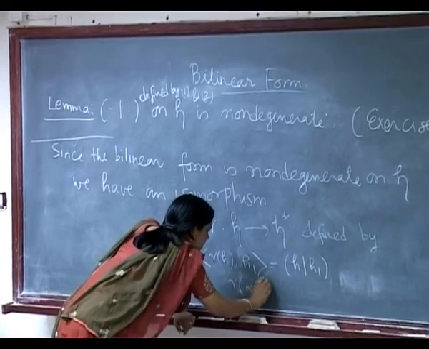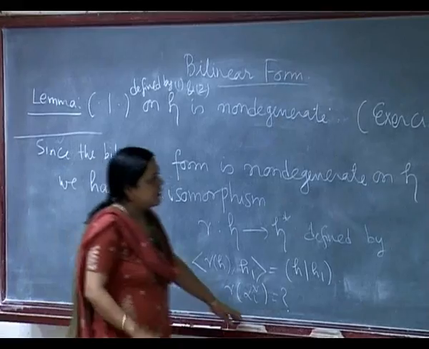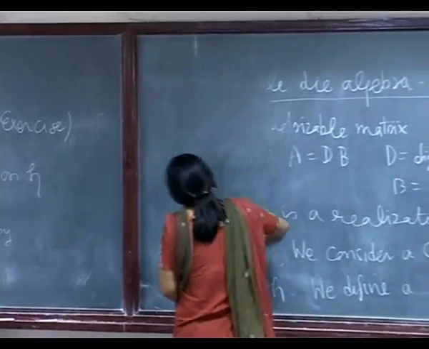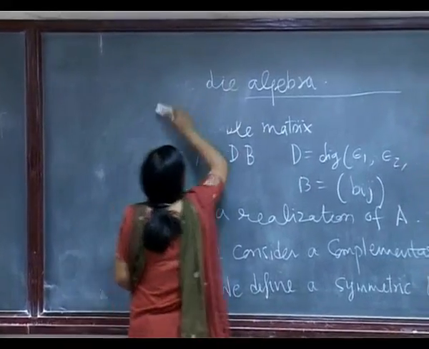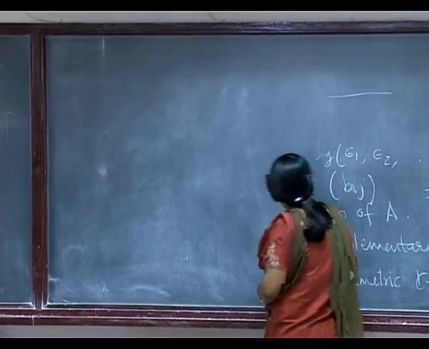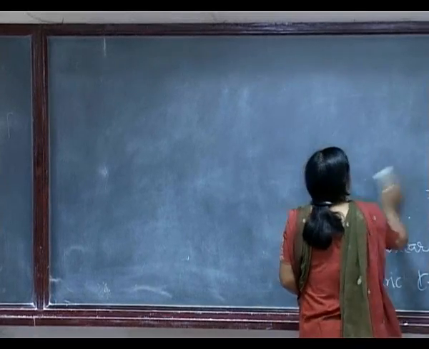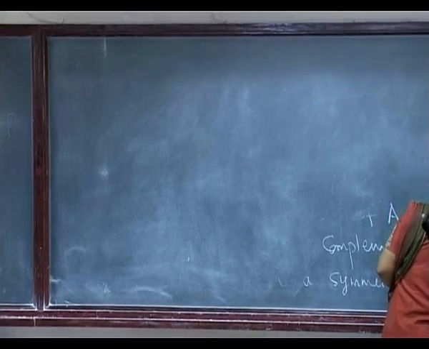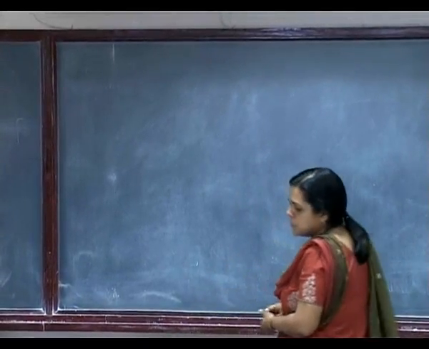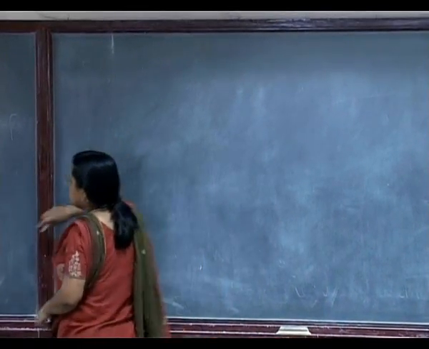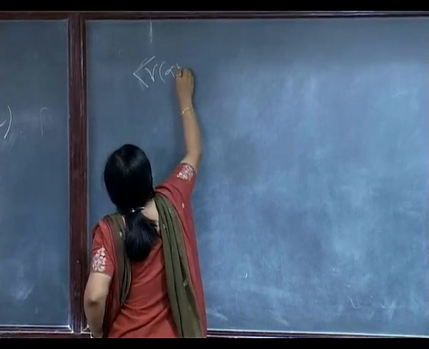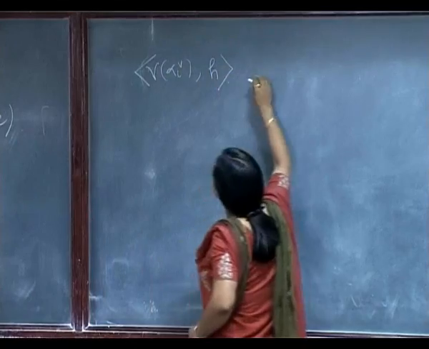So, we write nu of alpha_i check on some element h belonging to h.